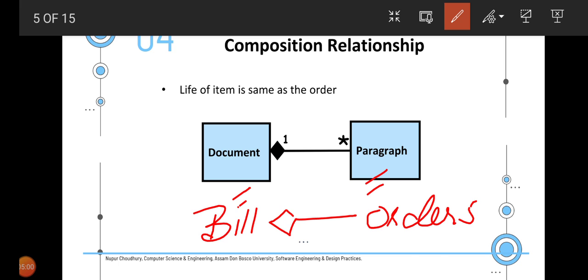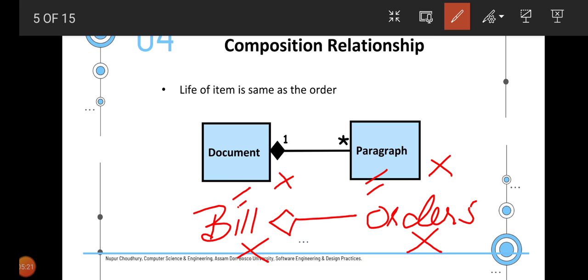If there are no orders, the bill will cease to exist. Similarly, in document, if there are no paragraphs, the document will cease to exist, which means that it is a stronger type of relationship.